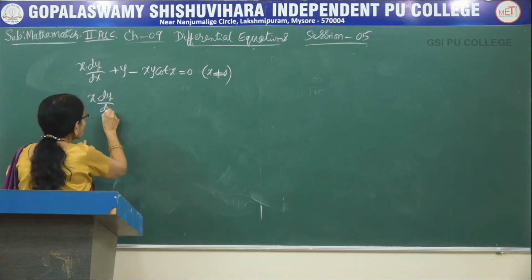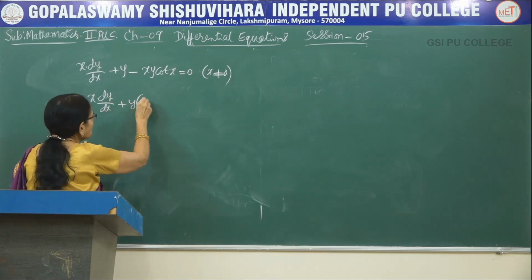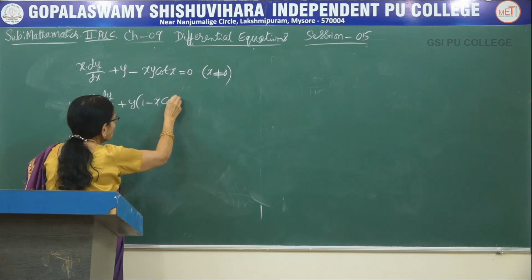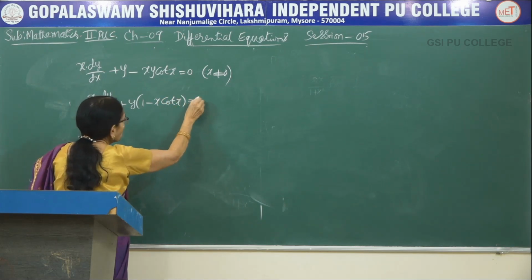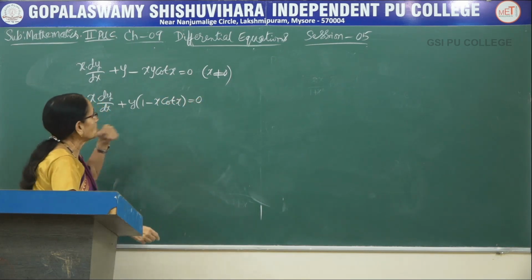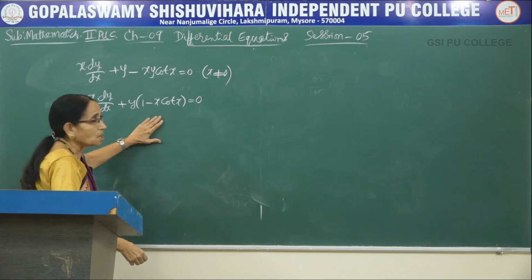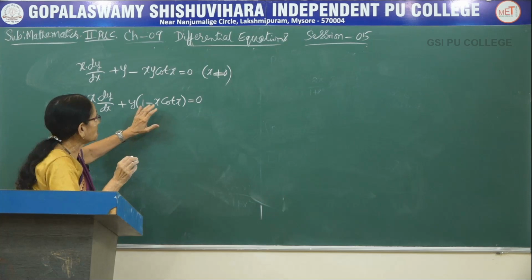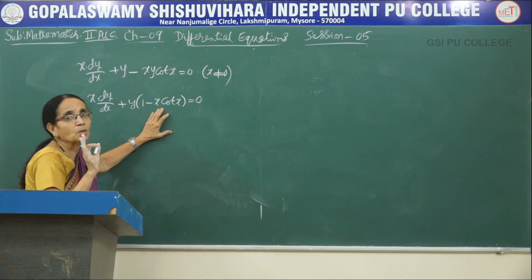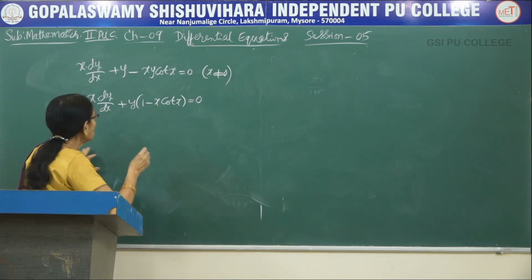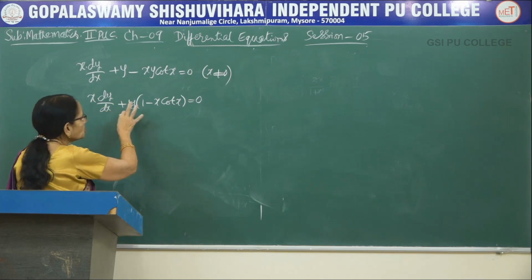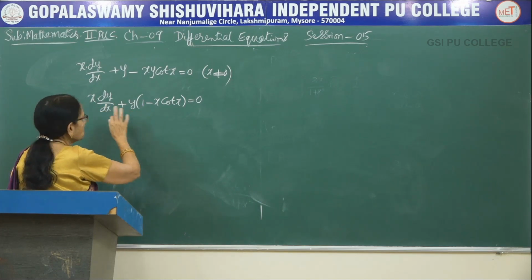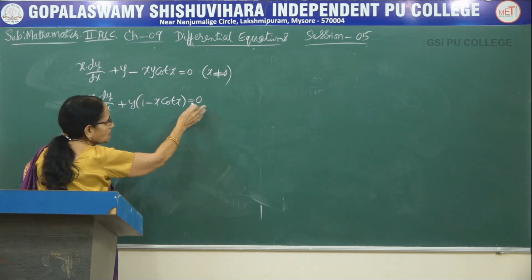Take out y, it is 1 minus x cot x, that is equal to 0, because this term should be of the form p into y, and that p should be containing only x or constant, as you know. Now almost it is in the standard form, but for the right hand side being 0.